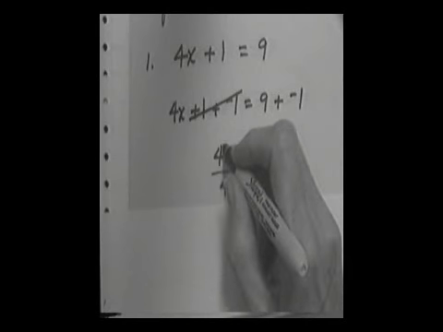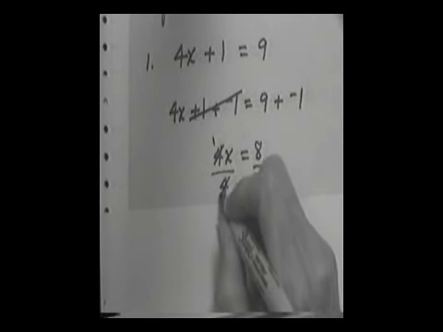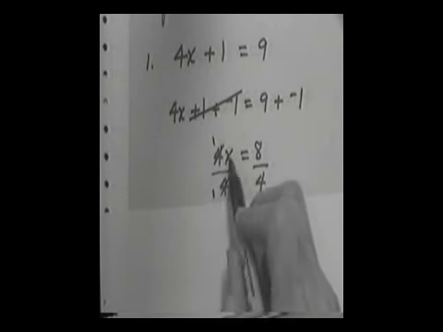On the left-hand side, dividing by 4 cancels because 4 goes into 4 once, and we get 1x over 1. 1x over 1 is x. That is, we have simply x. On the right hand side, 8 divided by 4 is 2. So we've determined that the solution is x equals 2.